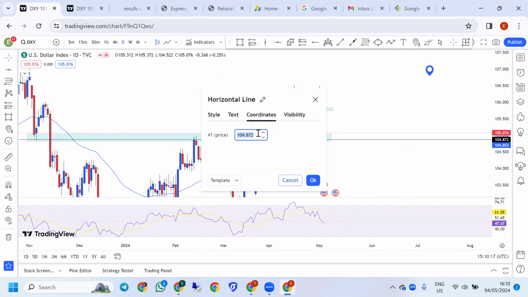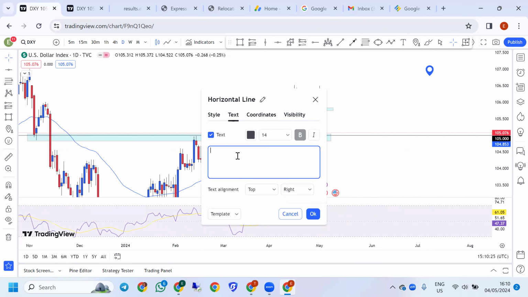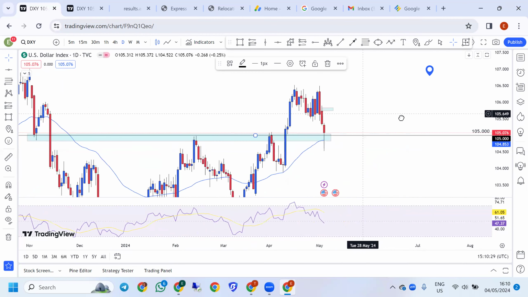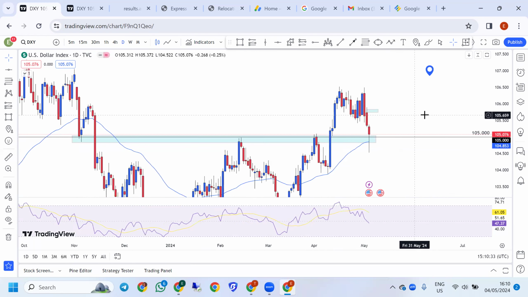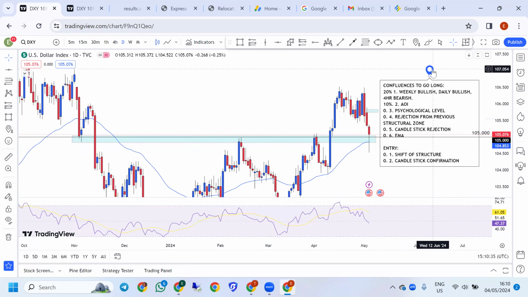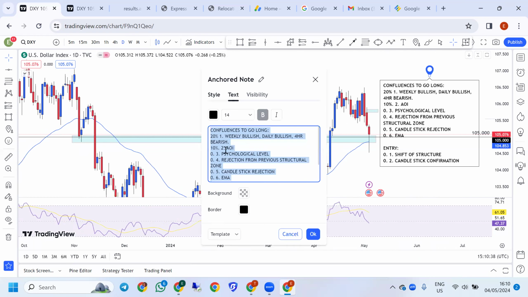We just put it on 105 and see what will happen. So the psychological level is in at 105, and I give it 5%.